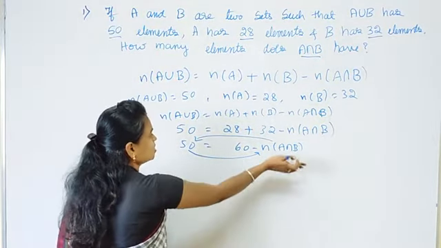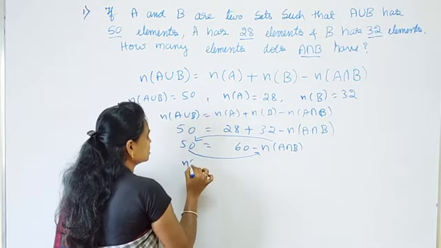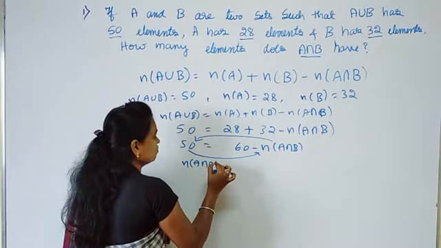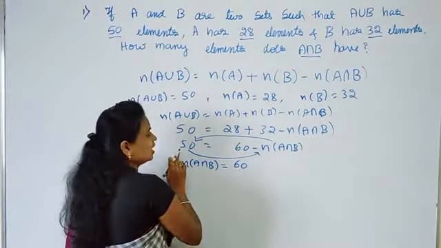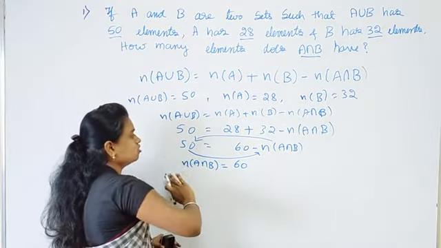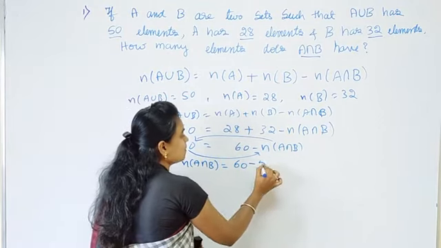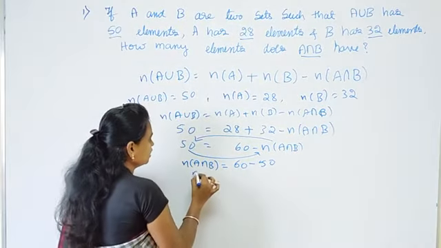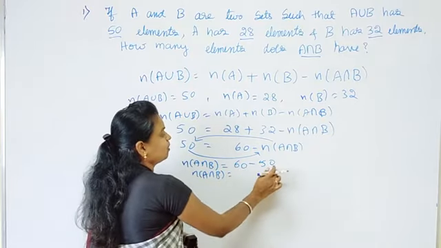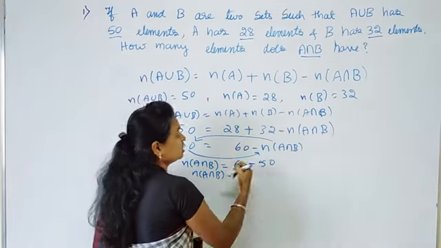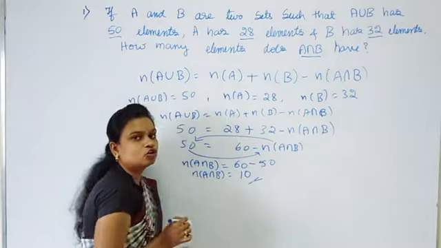So n of A intersection B is equal to 60, write as it is, and minus 50. Therefore n of A intersection B is 60 minus 50, that is equal to 10.